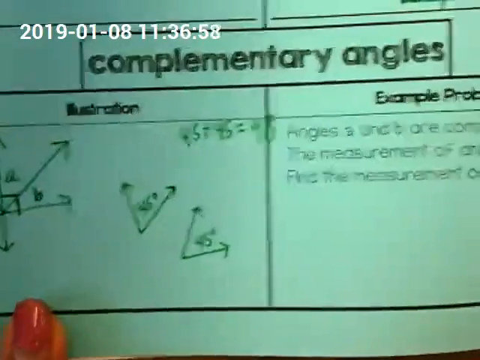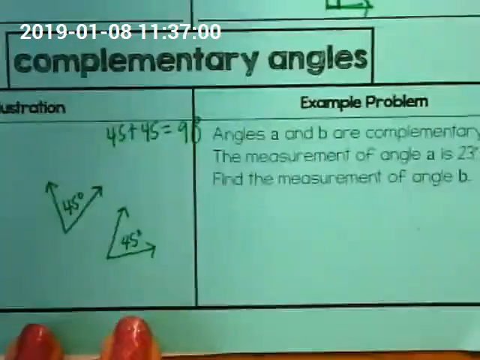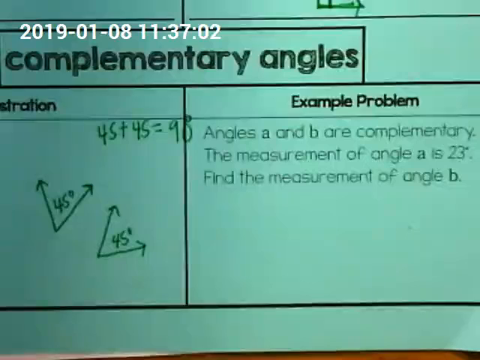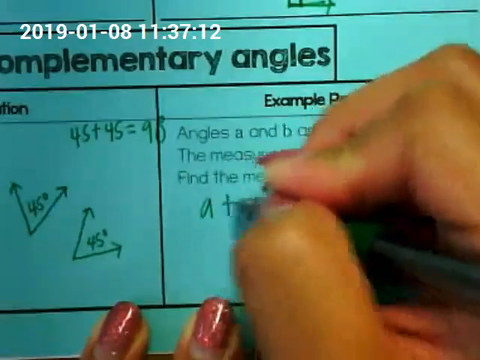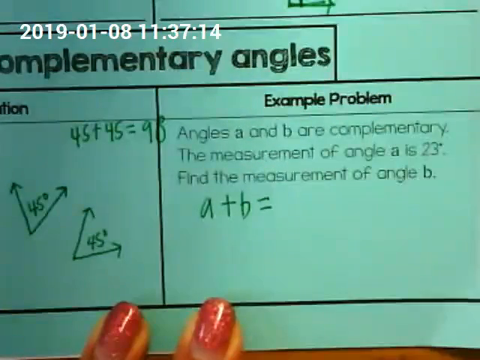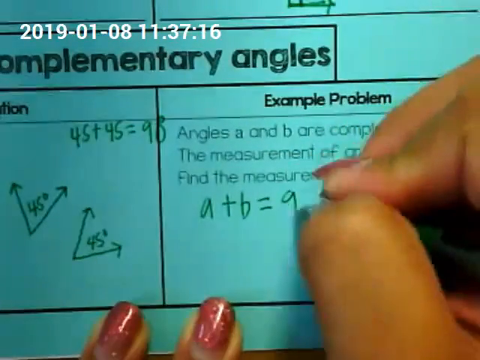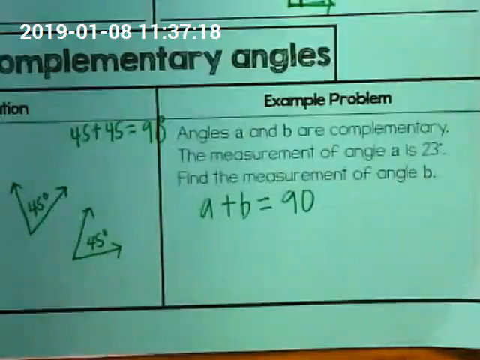So looking at our example that comes up next, it says angles A and B are complementary. The measurement of angle A is 23, and find the measurement of angle B. So we know that angle A and B are adding up to 90 degrees. I'm going to replace A with the given information that they gave me.